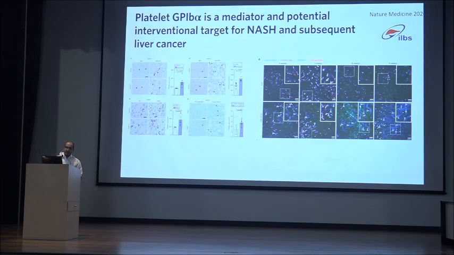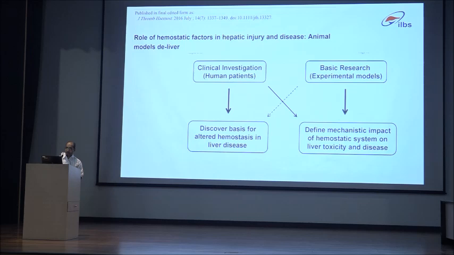An animal study suggested that platelets in NASH go inside the liver and activate Kupffer cells and subsequently various inflammatory cells, causing exaggeration or progression of NASH or HCC development in the animal model.